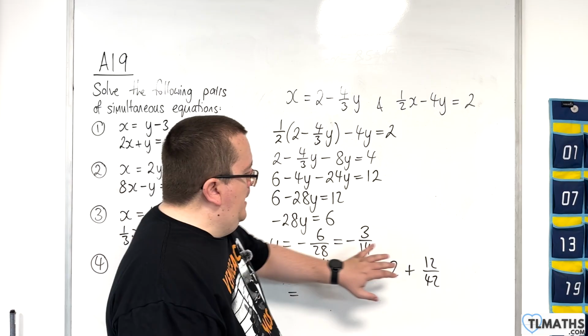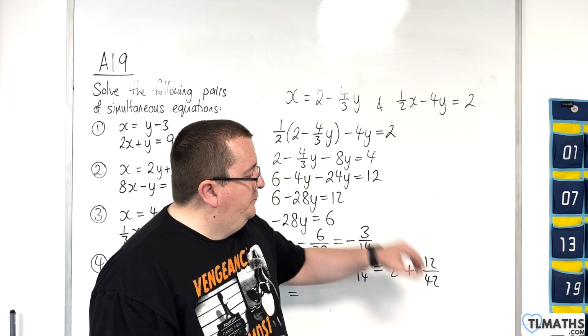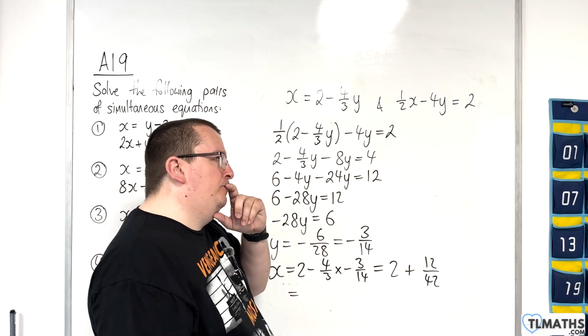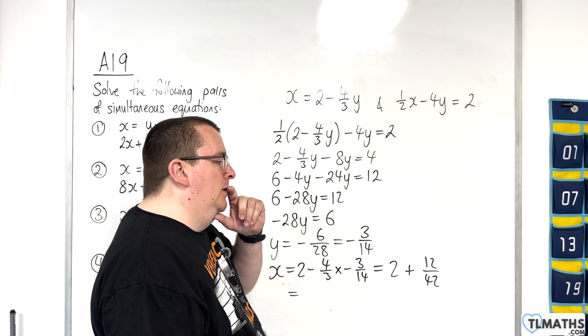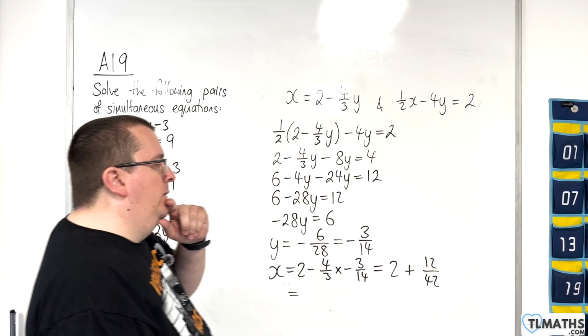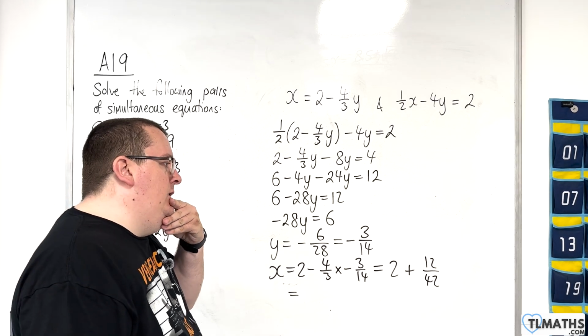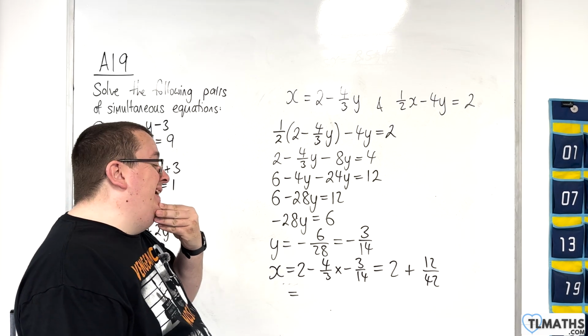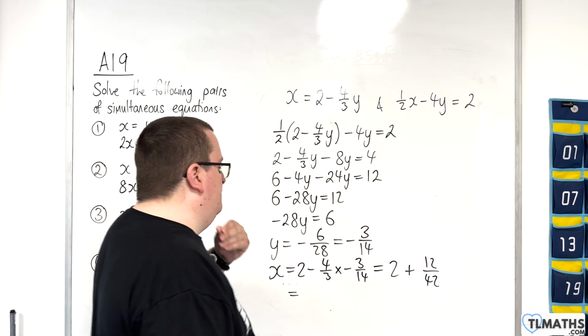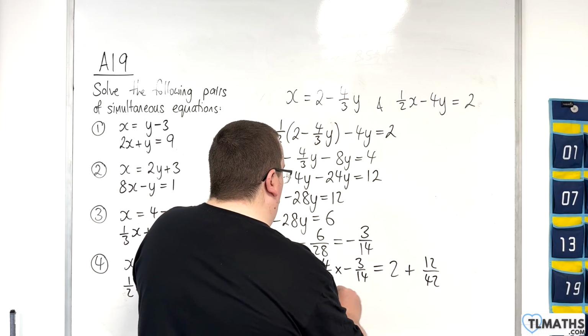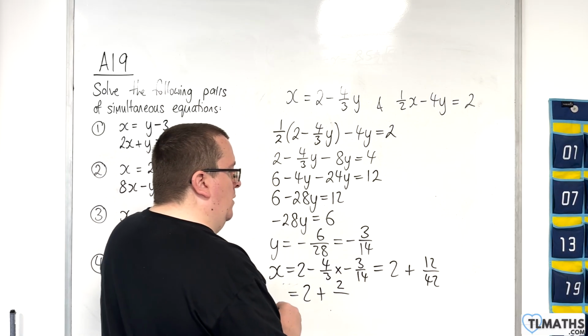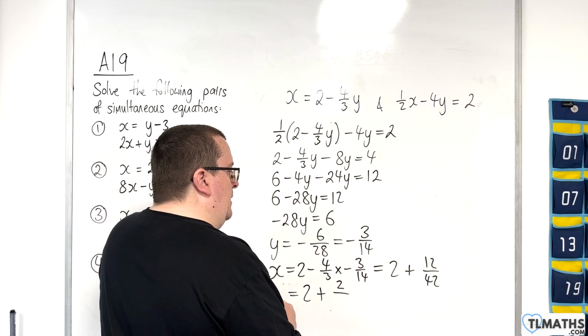So 12 over 42, well, both are divisible by 2, both are divisible by 3, so both are divisible by 6. So what's that? 2 plus 2 over 7.